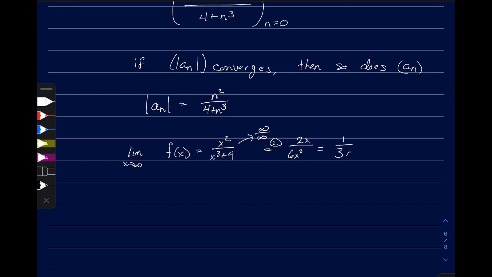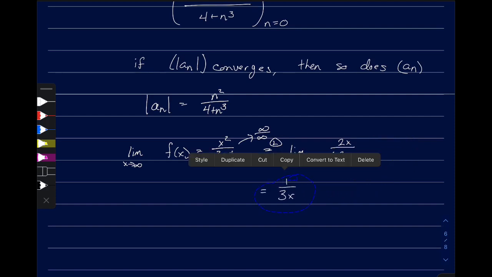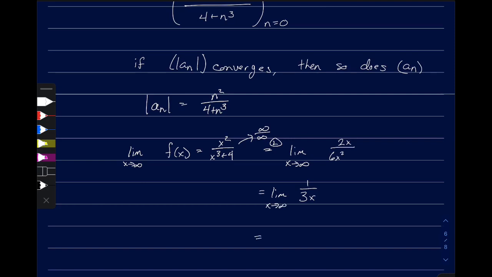And then we can reduce this to 1 over 3x, and we still take the limit. We didn't even use L'Hopital's rule. So this is just the limit as x goes to infinity of 1 over 3x, which is going to be 0.